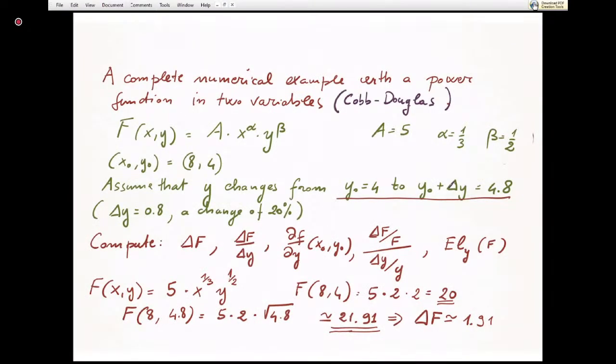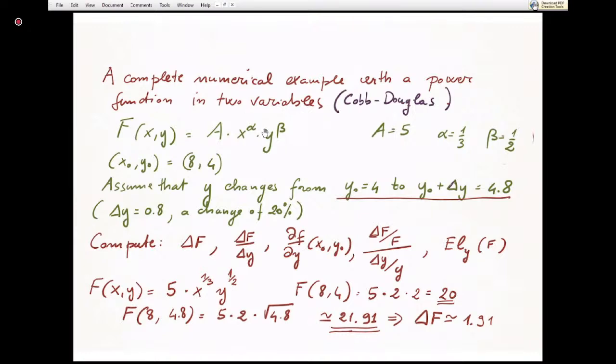Okay, this is another numerical example which has a slightly more sensible interpretation in economic terms, because it is related to a power function in two variables, Cobb-Douglas functions. If you want to understand more about the quantities that we will obtain, just think of this function as a production function.